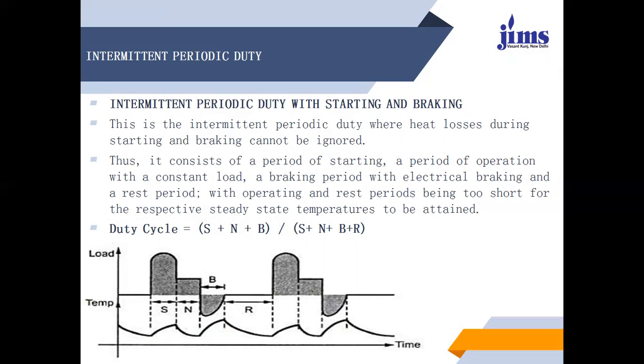The duty cycle of this type of machine is (S plus N plus B) divided by (S plus N plus B plus R), where S is the starting period, N is the operating period, B is the braking period, and R stands for the rest period of the machine.